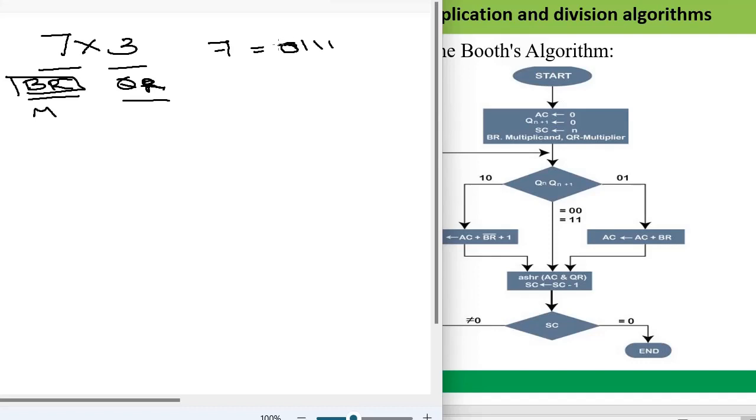Booth's multiplication algorithm works on signed values, that's why we are taking the sign bit as 0. And 3's binary equivalent value is 011, so the sign value for 3 is 0. So the BR register stores 7 and the QR register stores 3.